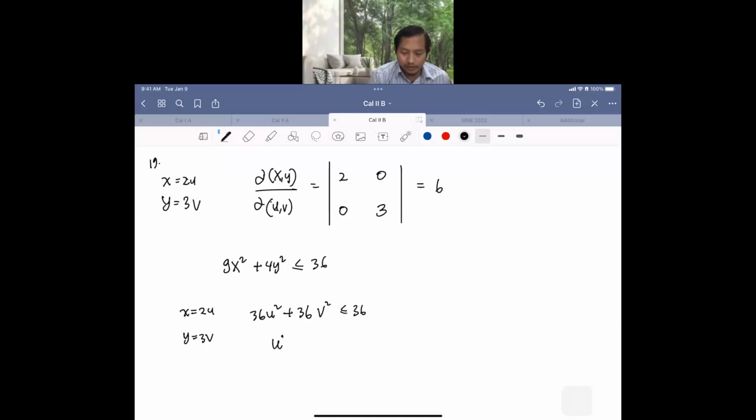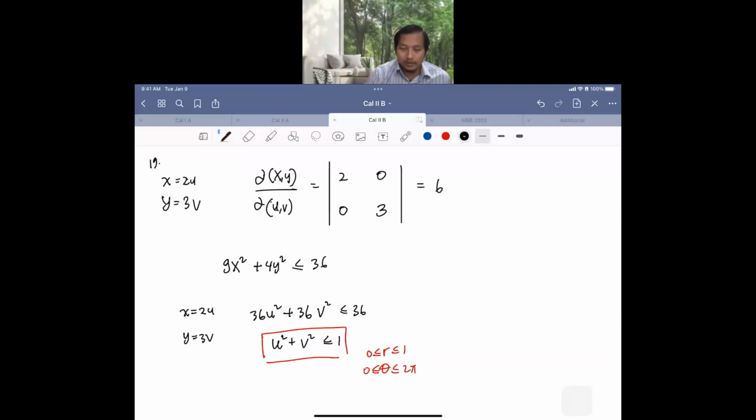Or we could say that we have this kind of restriction for uv. And then we know that this is a circle, right? A circle with radius 1. If we would like to see it directly in terms of polar coordinates, r is from 0 to 1, and theta is, of course, just a full circle, 2 pi.